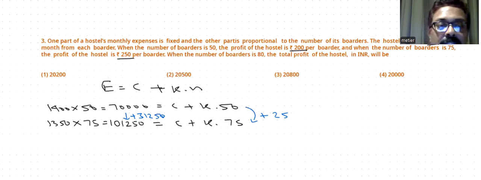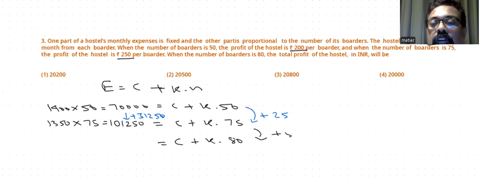Now what do we require? We require this number, C plus K into 80. Check it. We have a further increase of 5. So when the increase of boarders was 25, the increase in expenses was 31,250.